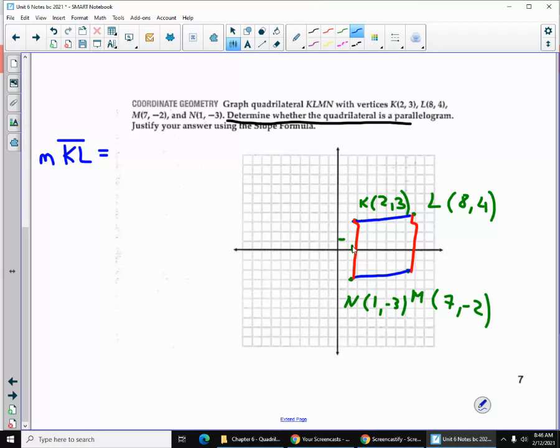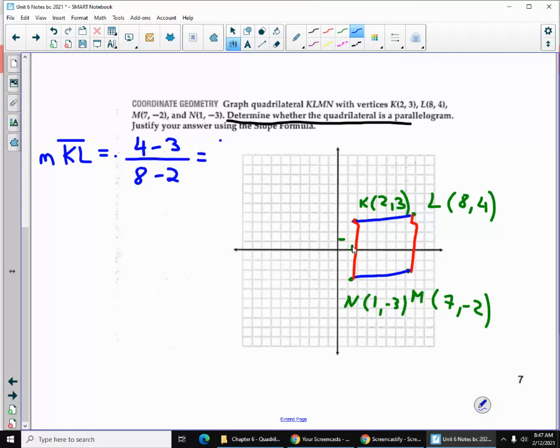Slope is rise over run, y sub 2 minus y sub 1 over x sub 2 minus x sub 1. So KL will be 4 minus negative 3, sorry, I was looking at the wrong numbers, divided by 8 minus 2.